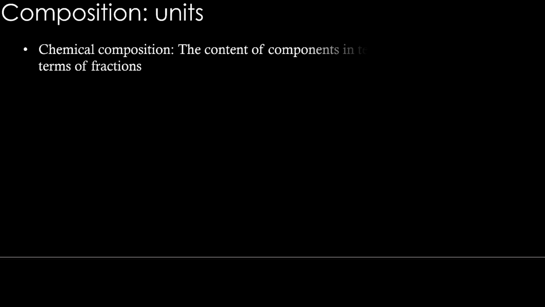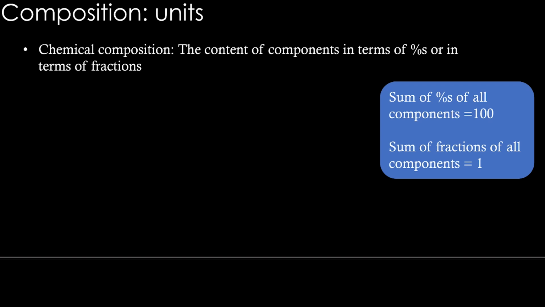So let's see about one of the most important ideas of this course, that is composition. Chemical composition is the content of components in terms of percentages or in terms of fractions. The sum of percentages of all components must be equal to 100 and the sum of fractions of all components must be equal to 1.